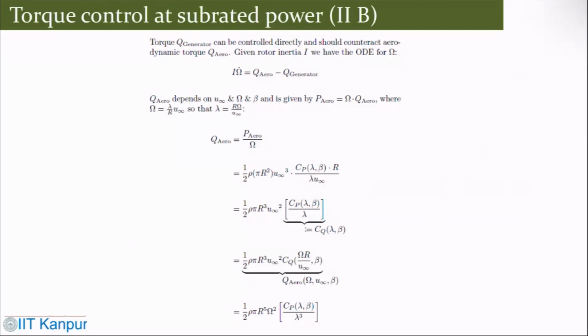Now, the Q generator can be controlled directly and should counteract the aerodynamic torque when we know the given inertia. The aerodynamic torque is the aerodynamic power divided by the rotational speed. If you put this expression back, you can find out how to choose the Q generator when only omega is measured.